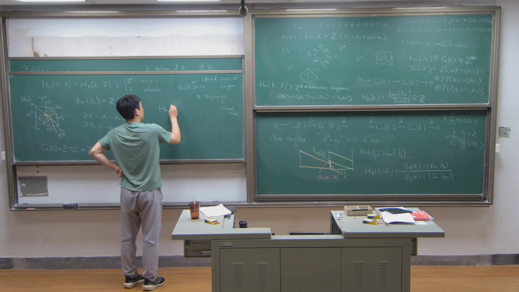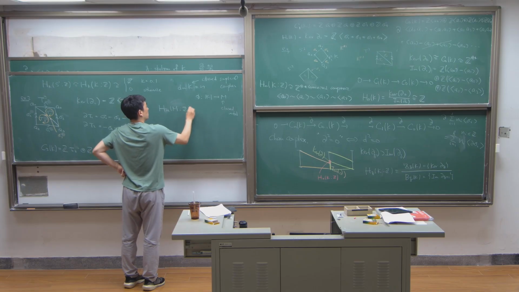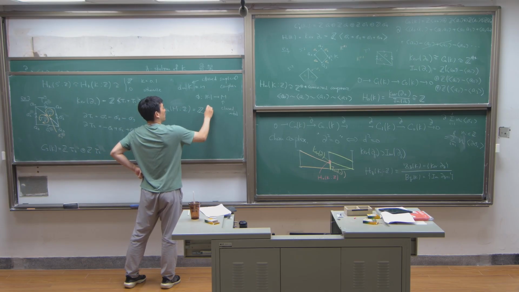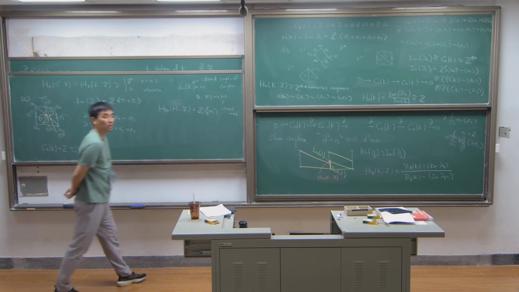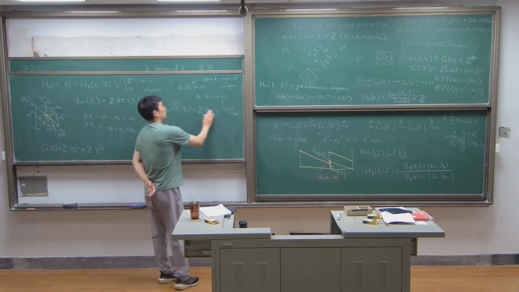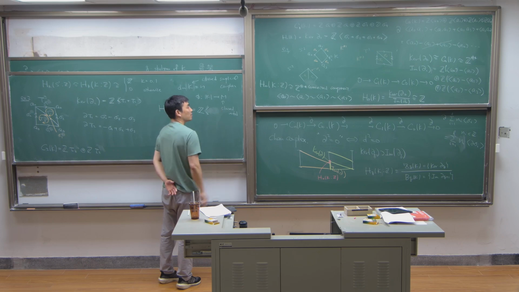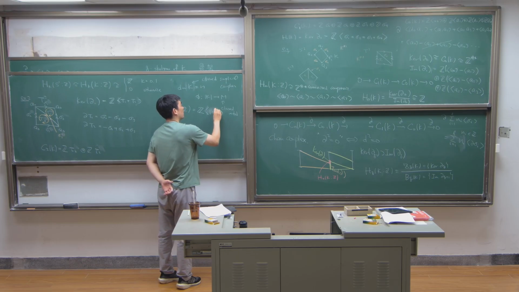Hn of M is the Z spanned by the entire M, or I would say the entire K. And this is called the fundamental class.